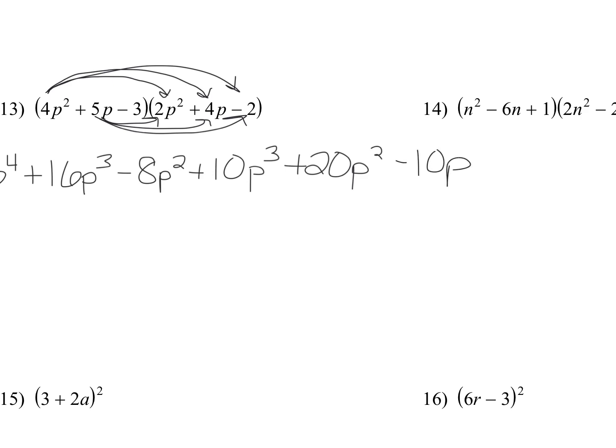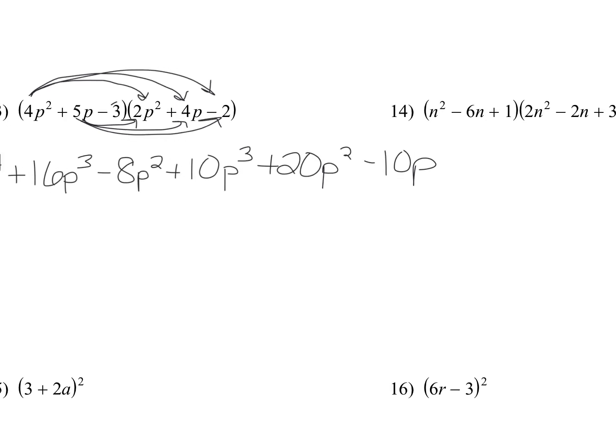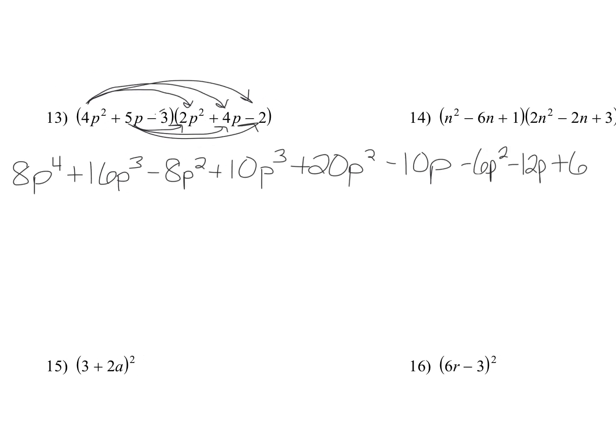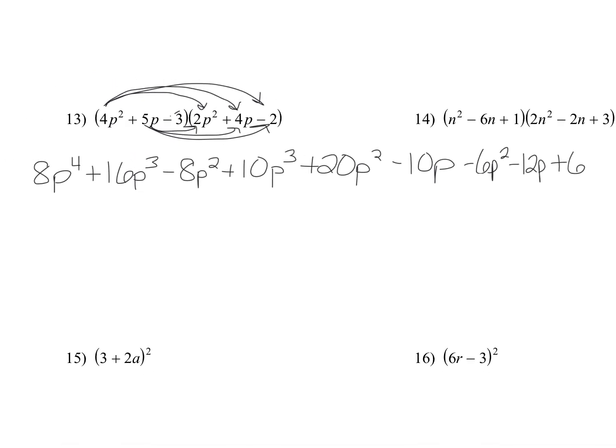Can I start combining like terms yet? No, we have one more term, right? We got to do that negative 3. Negative 3 times 2p squared. Yep, negative 6p squared. And then we have negative 3 times 4p. Negative 12p. Last one, we have negative 3 times negative 2. Plus 6.